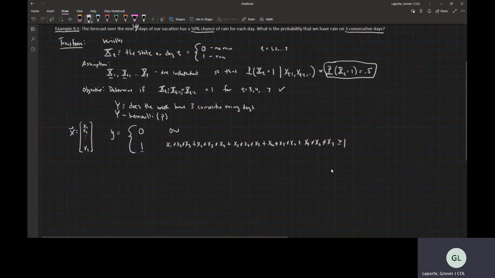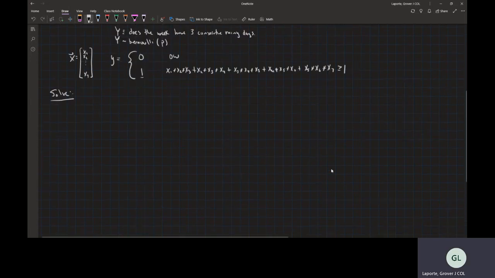Okay, how are we going to solve it? So the solution: we're going to use Monte Carlo simulation.